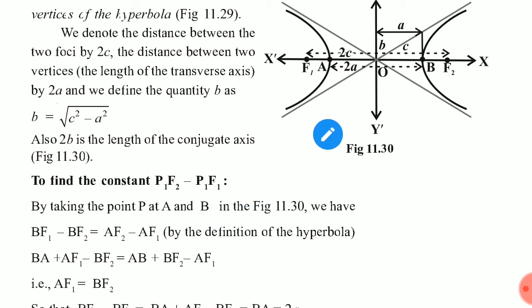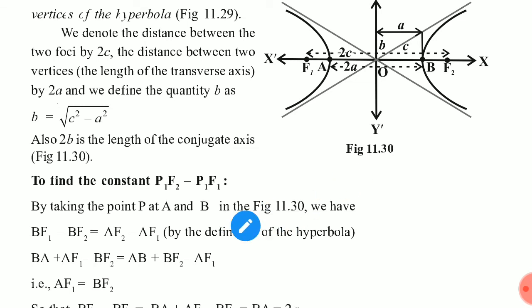So now we will count the value of PF2 minus PF1. Now by taking the point P at A and B, suppose that point P is anywhere on the hyperbola. Suppose P is at A and P at B.